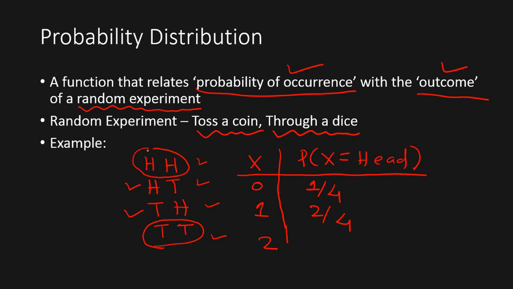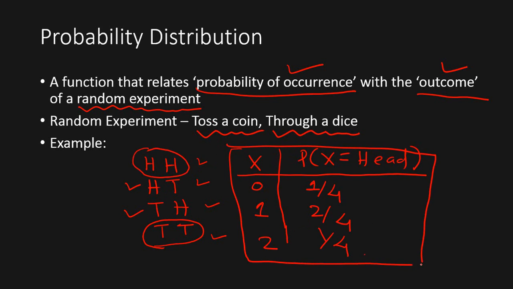The first case. So again, that is going to be 1 by 4. So this table is known as the probability distribution table, okay, where we have an association between the outcome of a random experiment and the corresponding probability values.